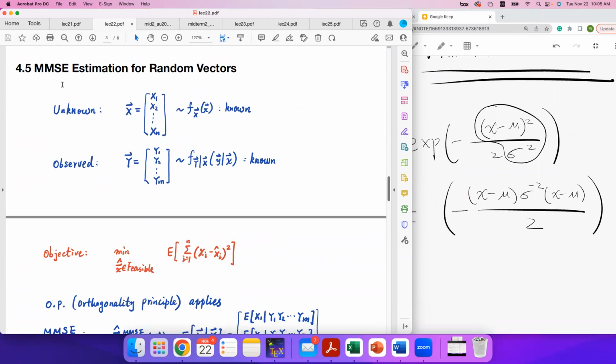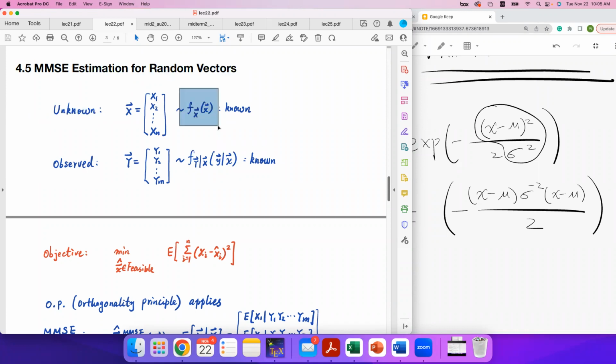And then for random vectors, we can also do this so-called minimum mean square error estimation. The idea exactly generalizes the one-dimensional case. We have an unknown random vector to estimate.